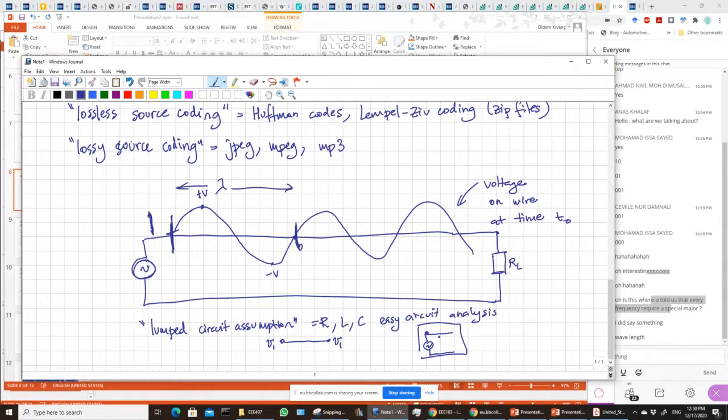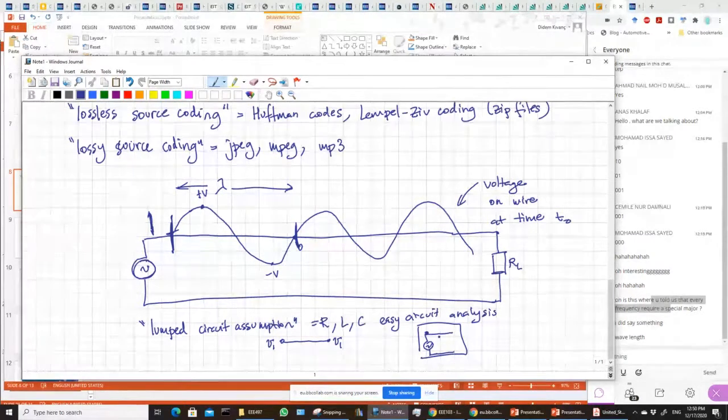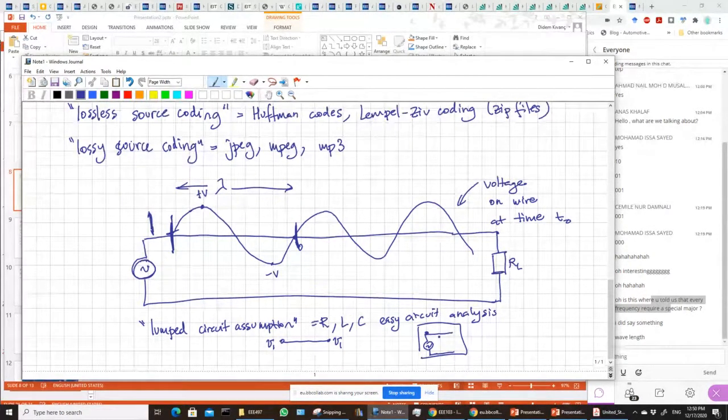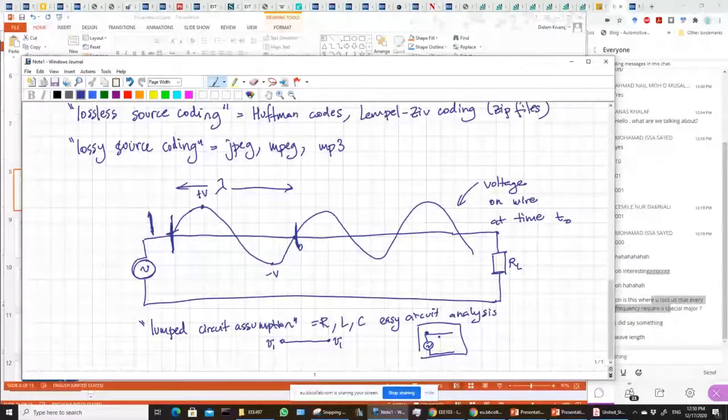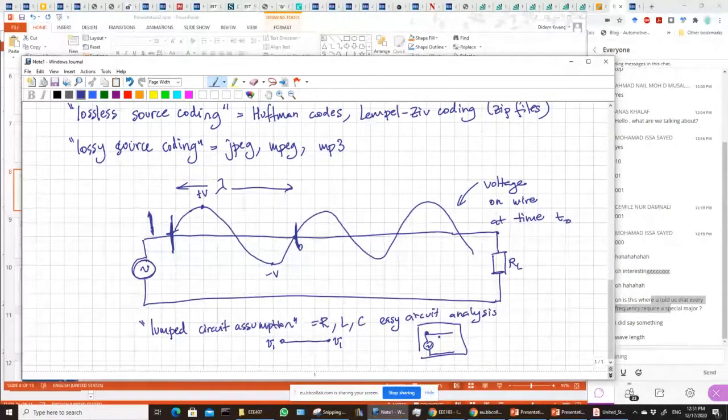But as we are increasing our frequency, the speed of our circuits, in order to increase what? To increase the computation speed, right? To shorten the computation time, you need the circuit to work faster, right? So your computer runs faster. But what that means is you have a higher frequency for your CPU. And then you get to the point where you can't make the lumped circuit assumption.